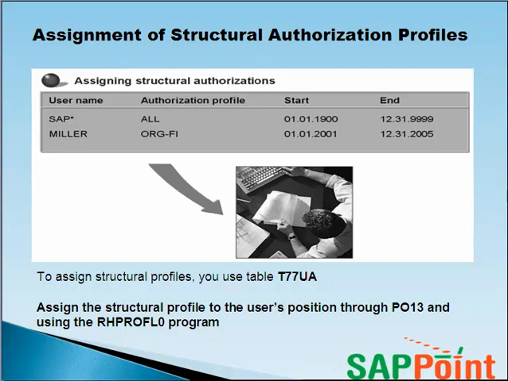So the assignment of structure profiles to the users can be done using the transaction OOSB or making use of the combination of the PO13 transaction, wherein you maintain the info type 1017, and then executing the program RHPROFL0. When you execute that program, the system makes an entry in the table T77UA.